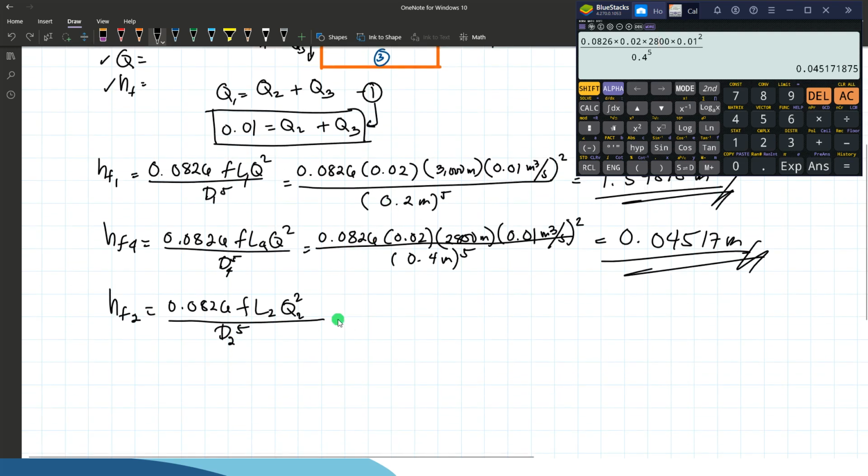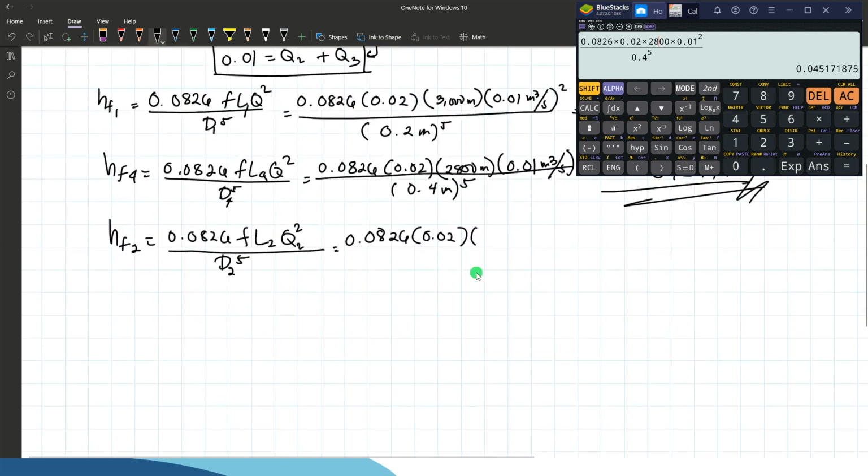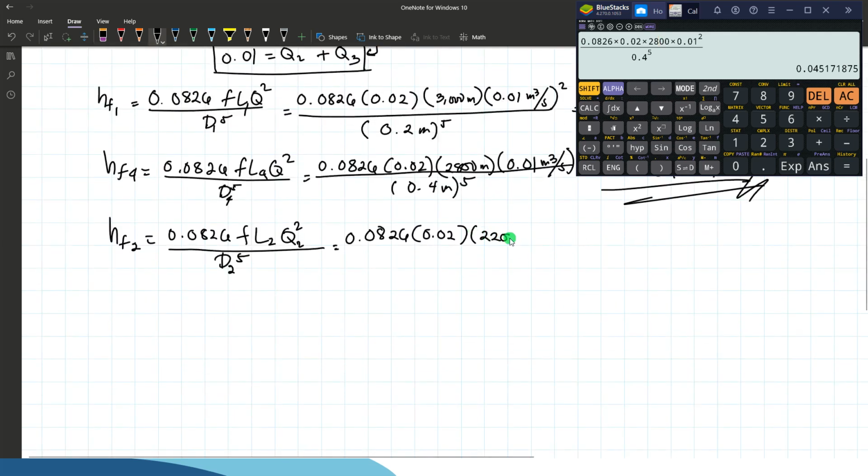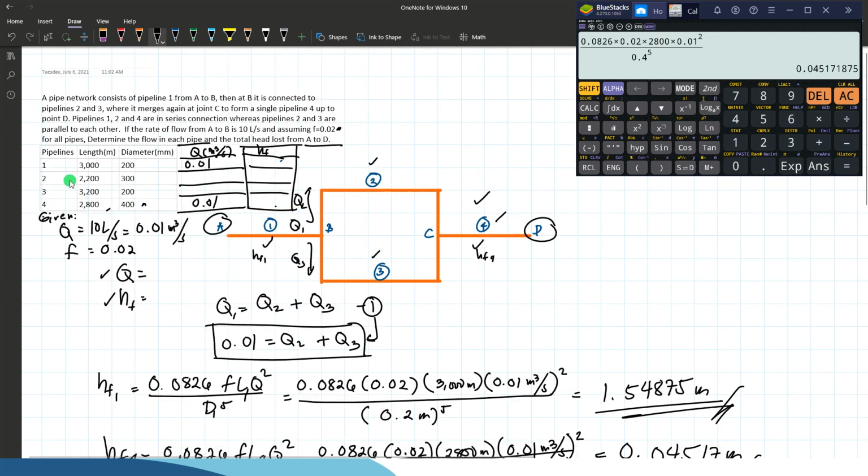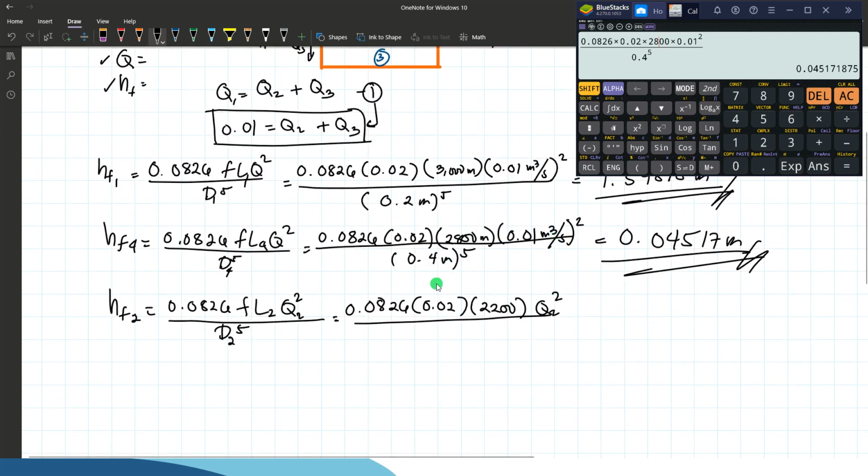So we substitute: 0.0826, 0.02, the length of pipe number 2 is 2200, Q2 is unknown, squared, divided by the diameter, 300 mm, 0.3, raised to 5.